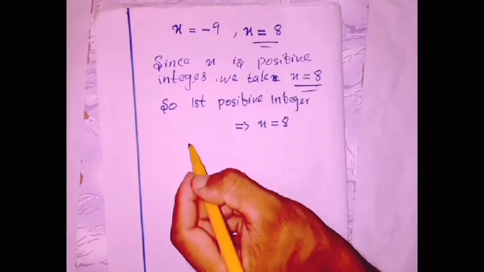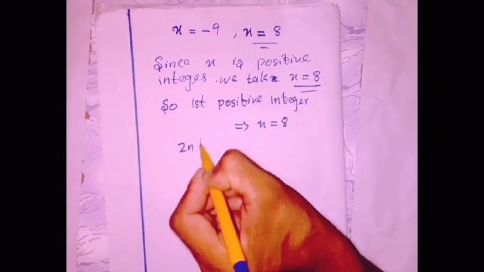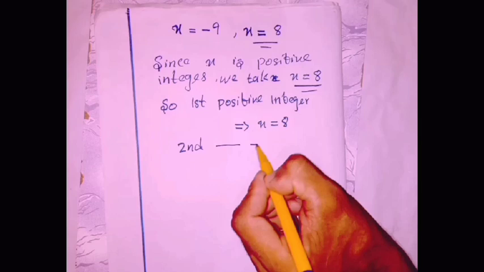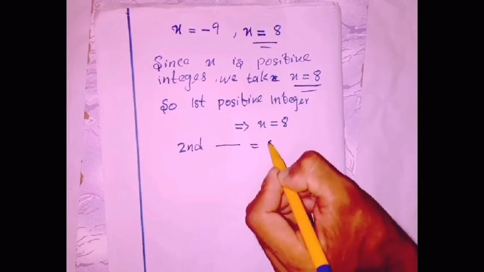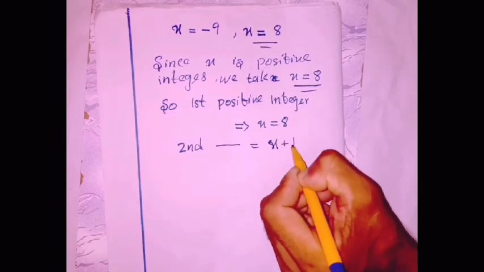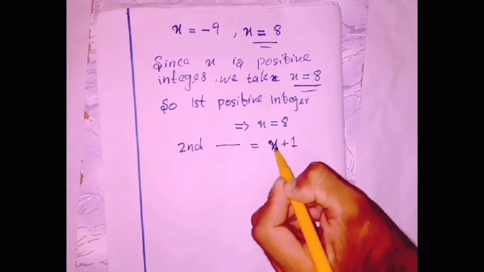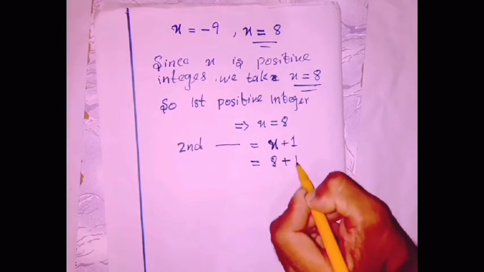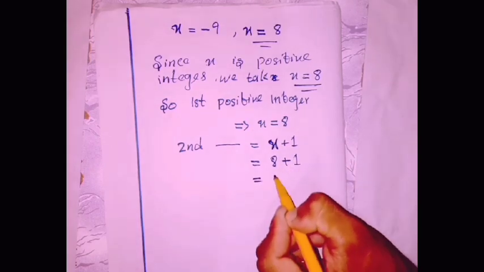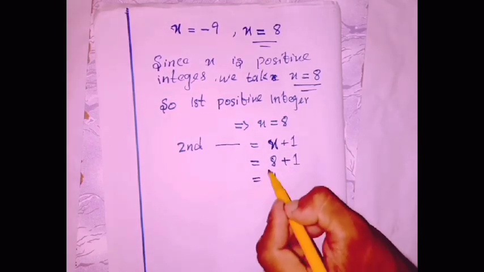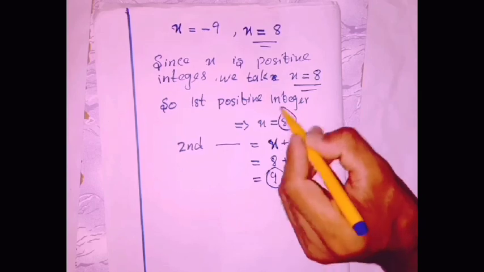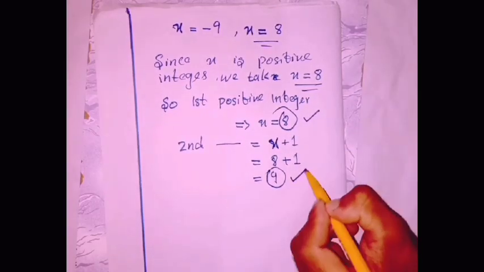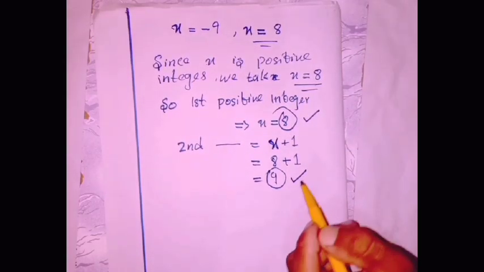Now we have to write the second positive integer is equal to x plus 1. If we put the value of x, which is 8, so 8 plus 1, we get the second positive integer is equal to 9, and the first positive integer is 8.